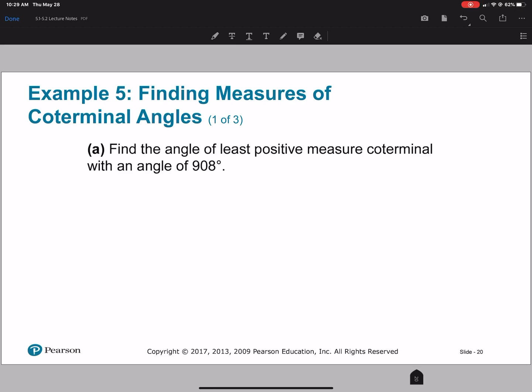Now, it says find the least positive measure coterminal angle. All right? So with this, we have to actually just look at what we have. So let's look at what we have. The first thing I like to do is draw an axis.